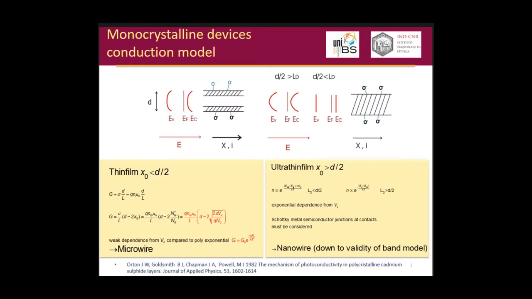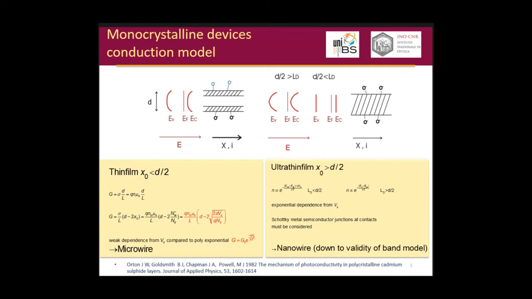And if you now start considering not a grain, so not a circular grain, but nanowires, I mean something that has one dimension longer, and the other dimension is characterized by a diameter, which is, for example, compared with the Debye length of the material, you have the same situation as before.